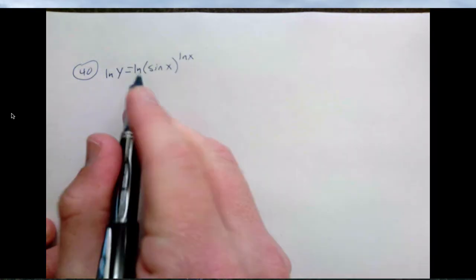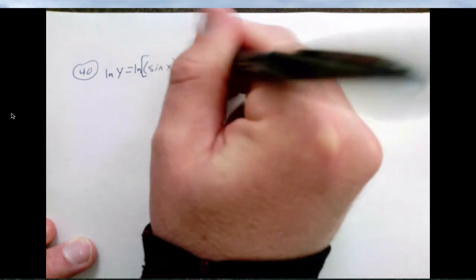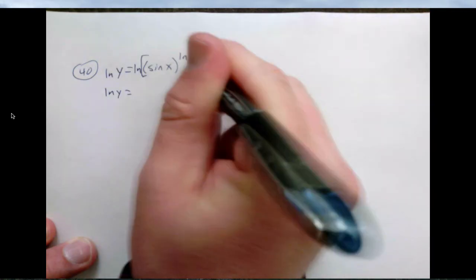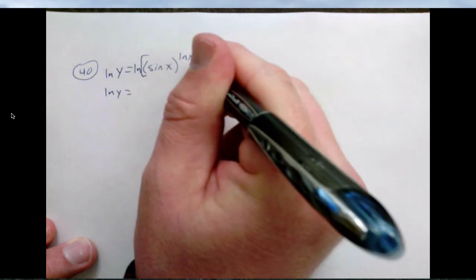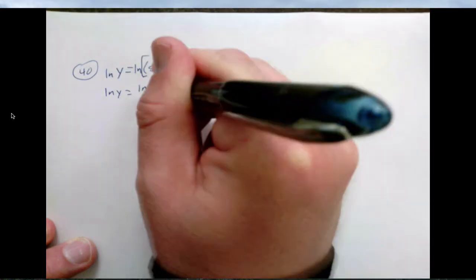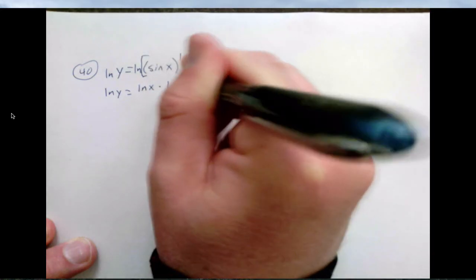So the power inside of a natural log, because technically all of this is inside of that natural log right there, I can take this power from the inside out front of the natural log. So this natural log of x is going to go in front, and then it multiplies by the natural log of sine of x.